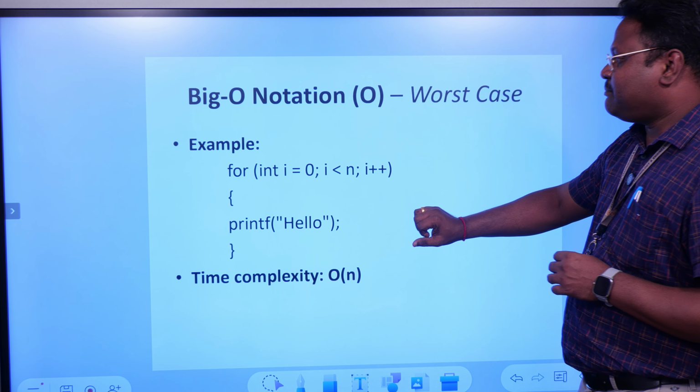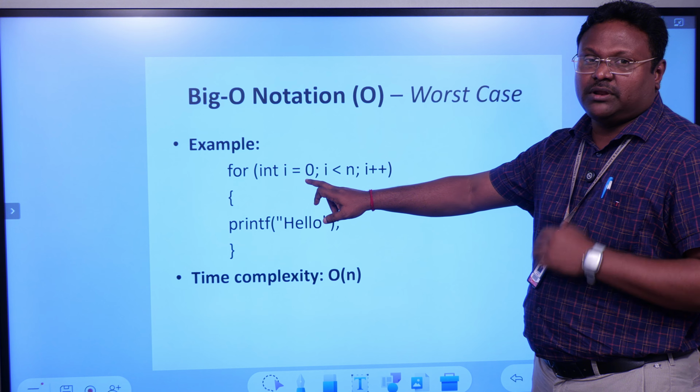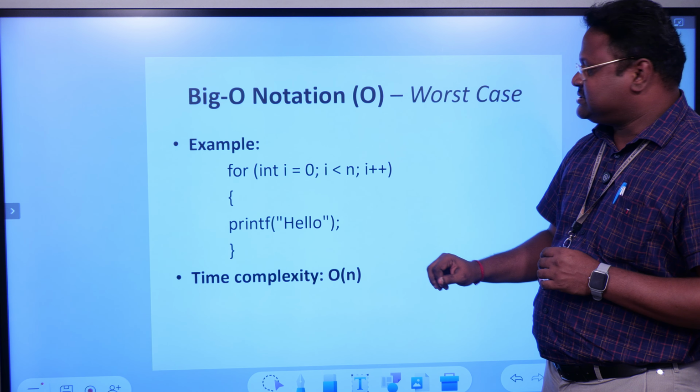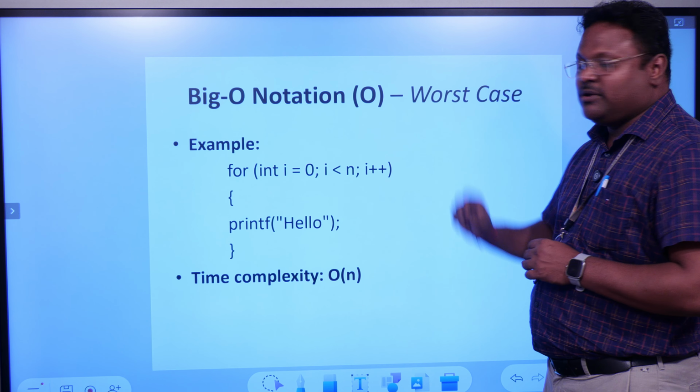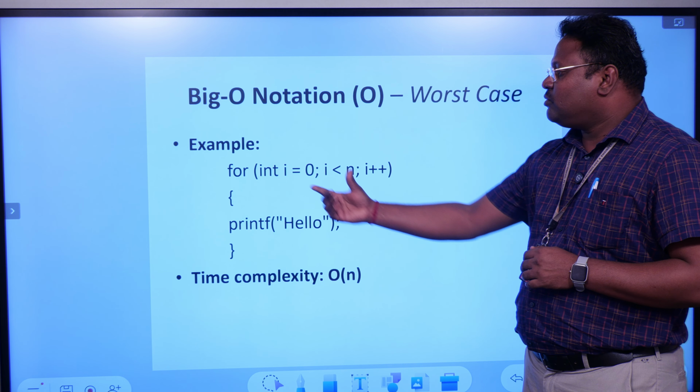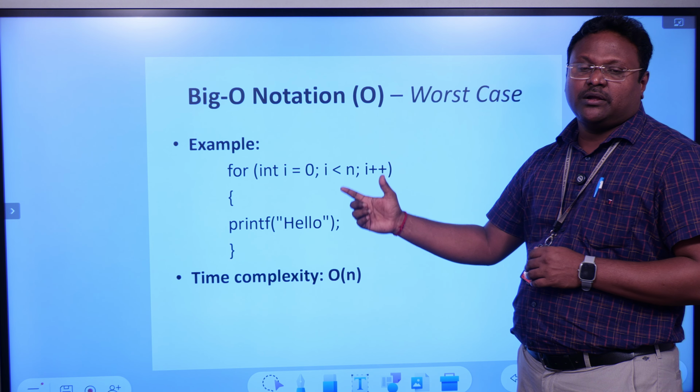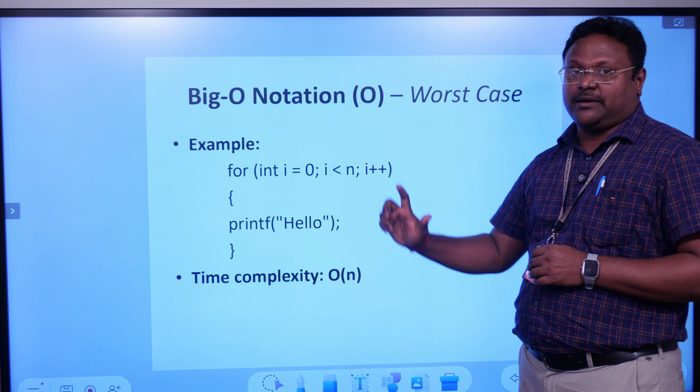This is the simplest example, the same example I taught in time and space complexity: for i equal to 0, i less than n, i plus plus. Here the time complexity will be big O of n. It is based on how many times the for loop is going to run, which is where time and space will be taken.